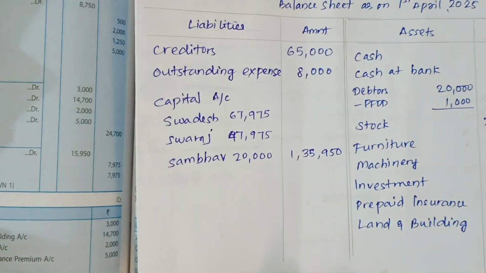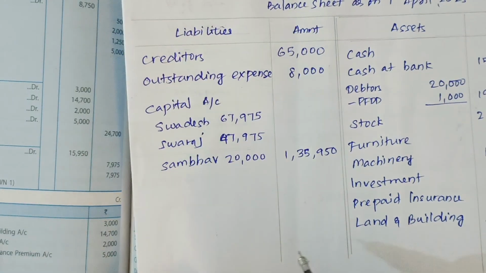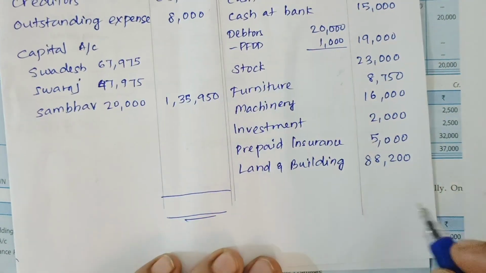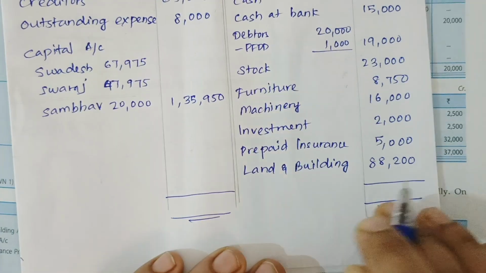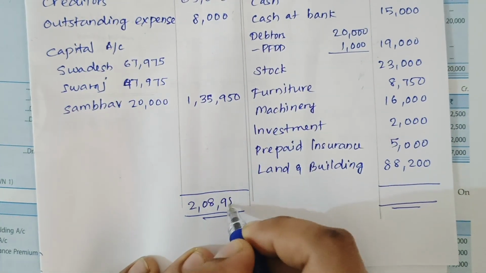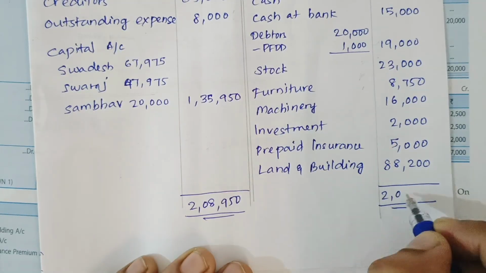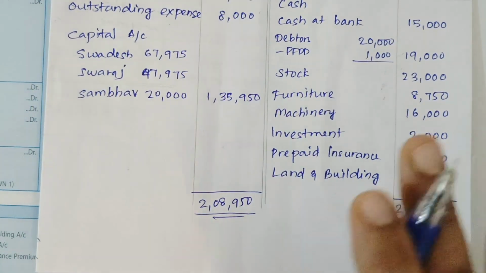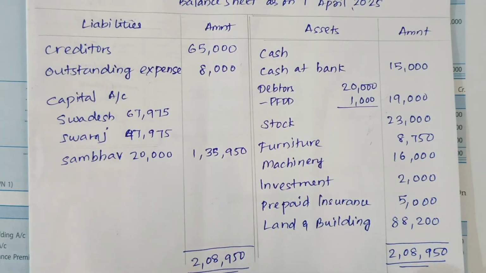So let's total the sides. 2,08,950 and 2,08,950. Both of the sides should come equal. Then only what we did is right.